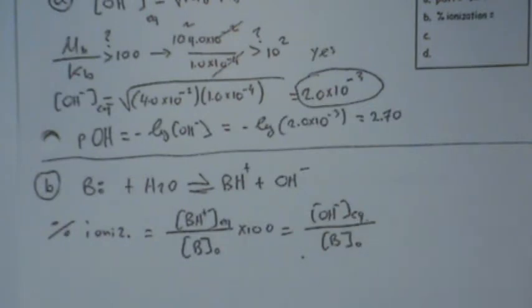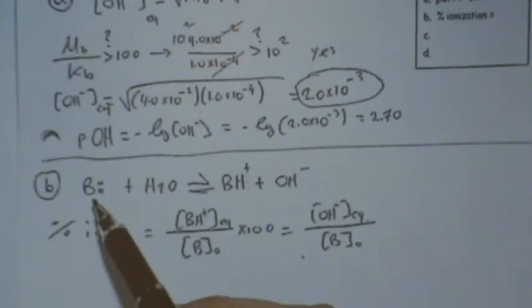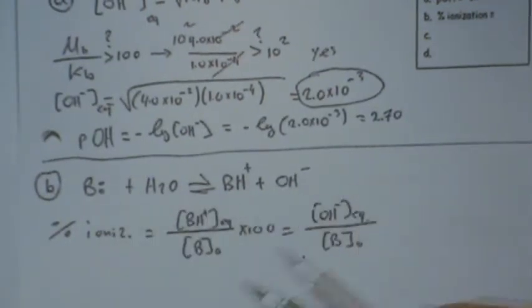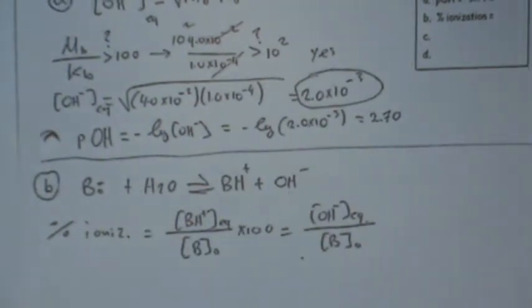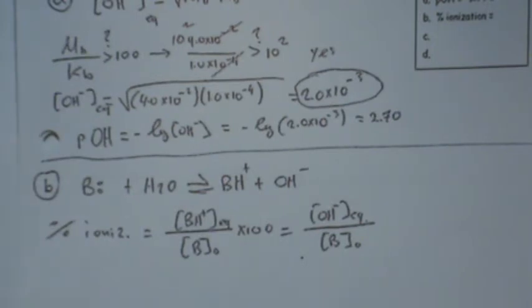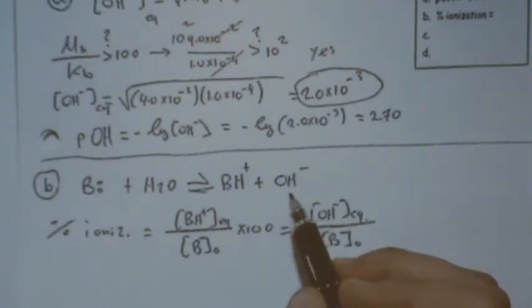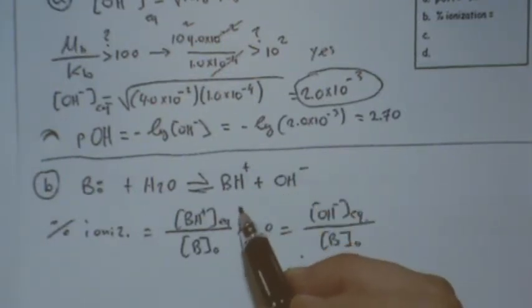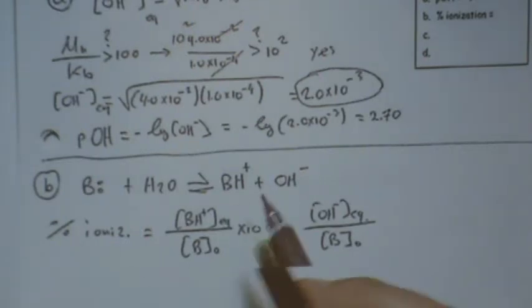But equilibrium is the total, not the one that comes from this. And the total is this that comes from this equation plus that which comes from water. But because that which comes from water is almost zero, because it's 10 to minus 7, suppressed by the formation of this, goes to the left, so it's less than 10 to minus 7, you can ignore it, practically zero from water. And for that reason, the OH minus at equilibrium, total, has to be equal to this.